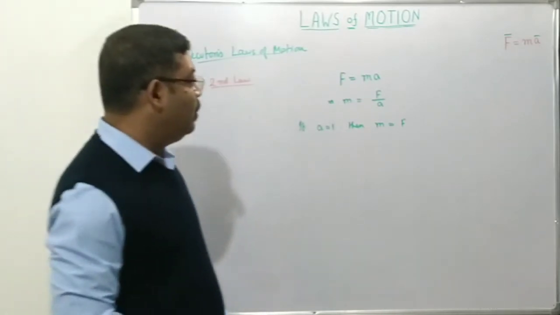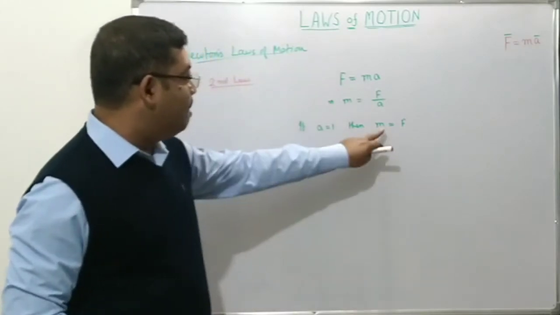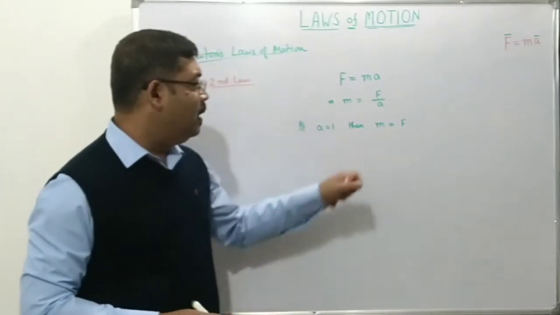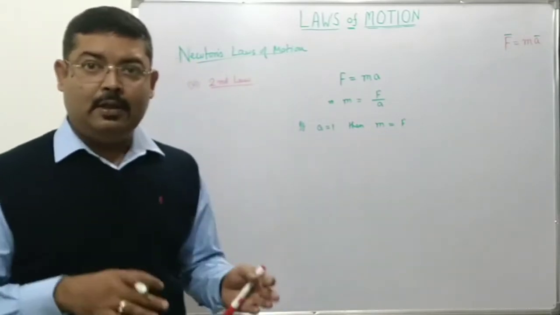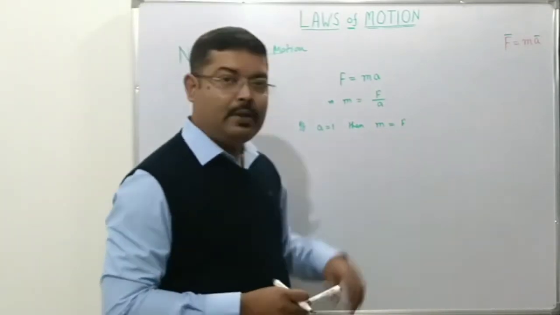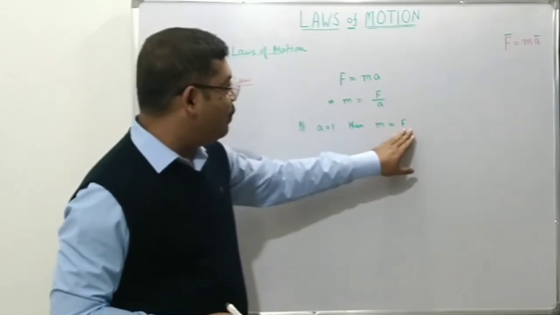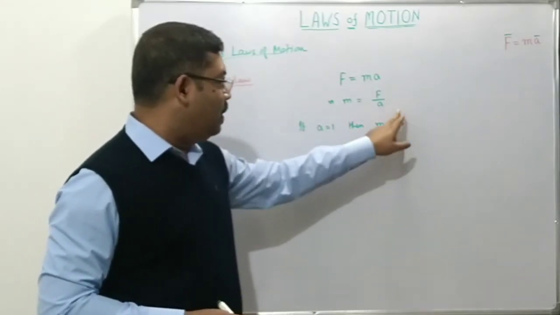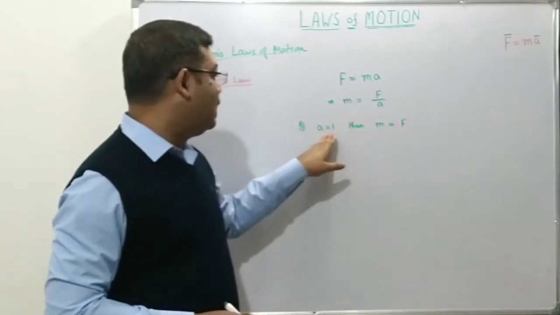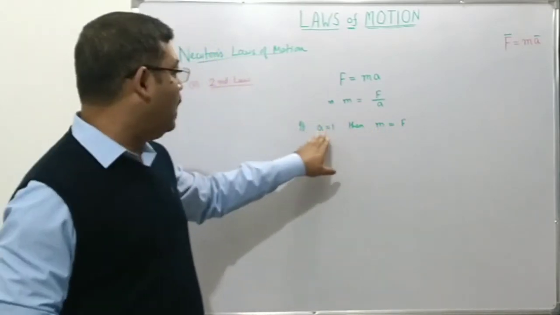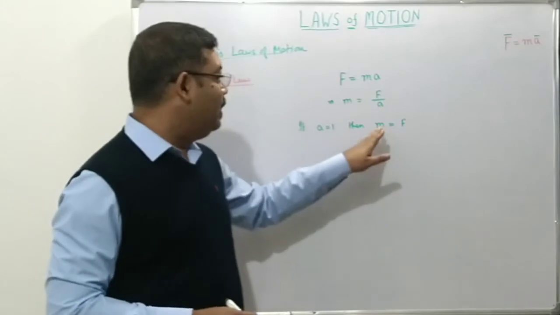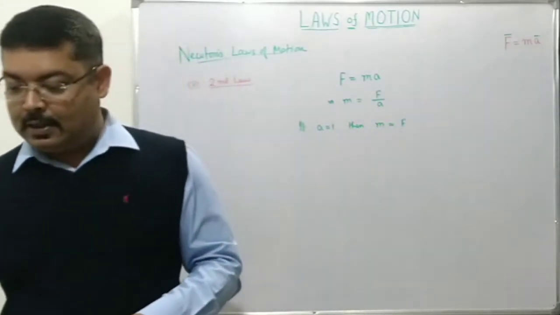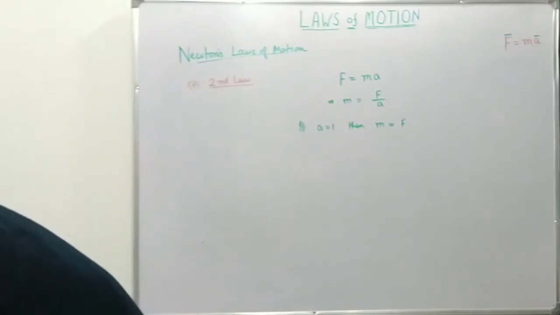So we can say that mass can be measured with the help of force. If the applied force on an object produces a unit acceleration in it, then the magnitude of the force will be equal to the magnitude of the mass.